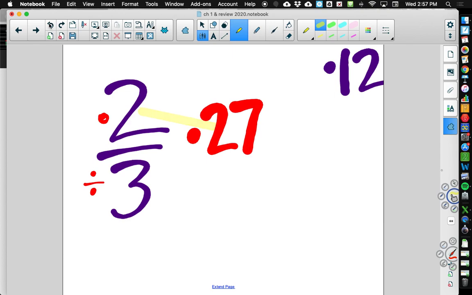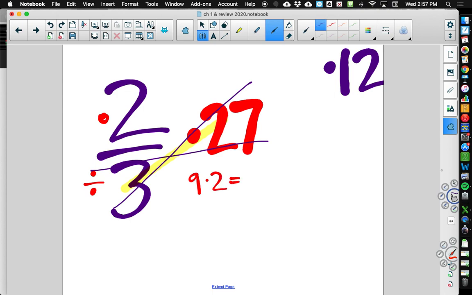So I'm going to see if it's easier to do this first. 27 divided by 3 is going to give me 9, and I know that 9 times 2 is going to give me 18. So 2/3 times 27 is 18, because 27 divided by 3 is 9, and 9 times 2 is 18.